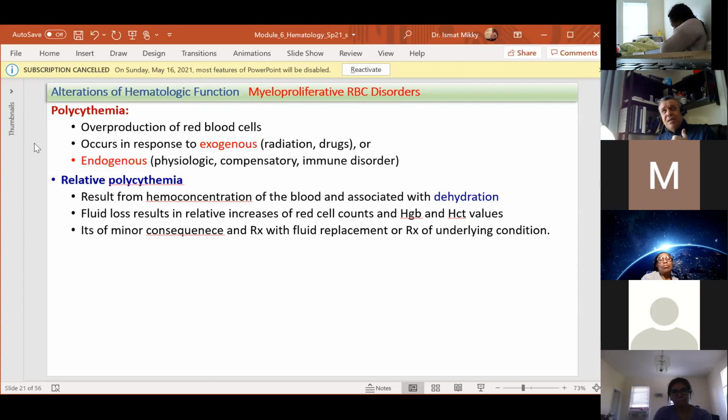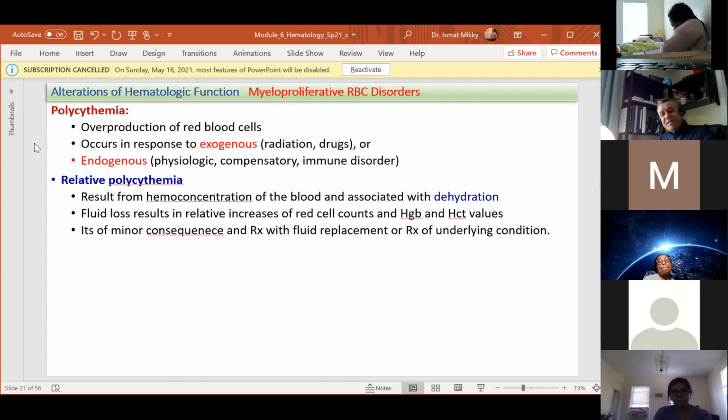So the attempt to breathe and to take a deep breath and try to breathe normally will result in a compensation for the bone marrow to produce more of the RBCs.